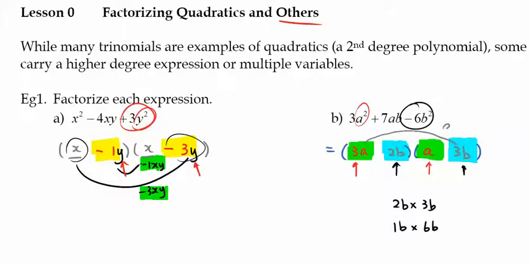The outside will give us 9ab. The inside will give us 2ab. And in order to get the middle term, plus 7ab, I want this to be a plus and this one to be a minus. To double check, if I have a minus here, if I have a plus here, yes, we do end up with negative 6b squared as you multiply those two together.